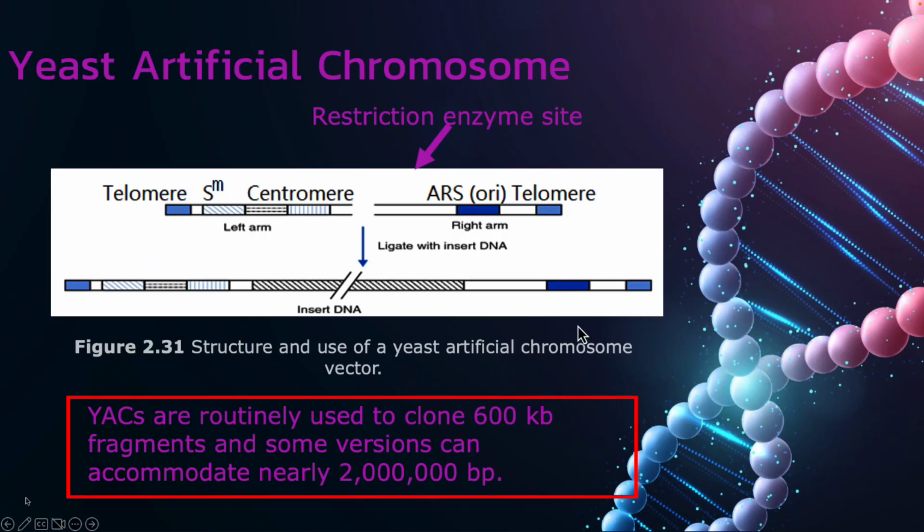But of course, they can have much larger pieces, 600 to 2 million base pairs. Again, this would be really, really useful when we're talking about genomic libraries, because you would need far fewer clones to ensure that you covered the entire genome.